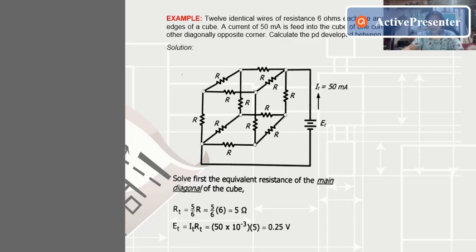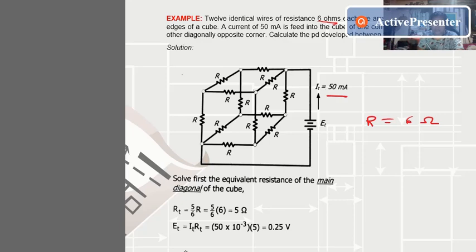Calculate the power developed between these corners. First, sa cube na to, so naghatag siya 6 ohms ang atoang resistor sa aning cube. And I total which is 50 milliampere.